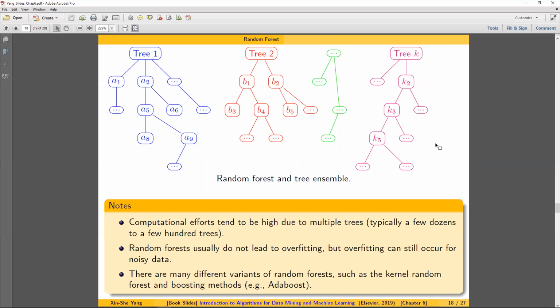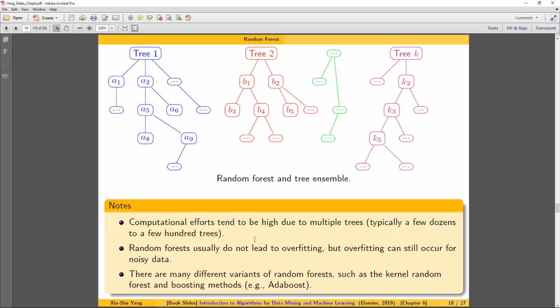Computational effort tends to be high due to multiple trees, typically a few hundred to a few thousand trees. So just be aware, random forest has a lot of computation involved. And usually it does not lead to overfitting, because of the random sampling and the sampling with replacement mechanism put in place in that algorithm.